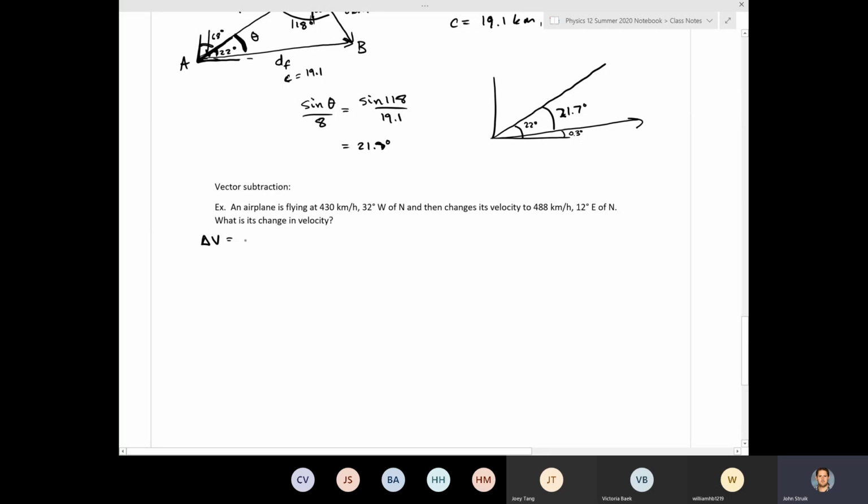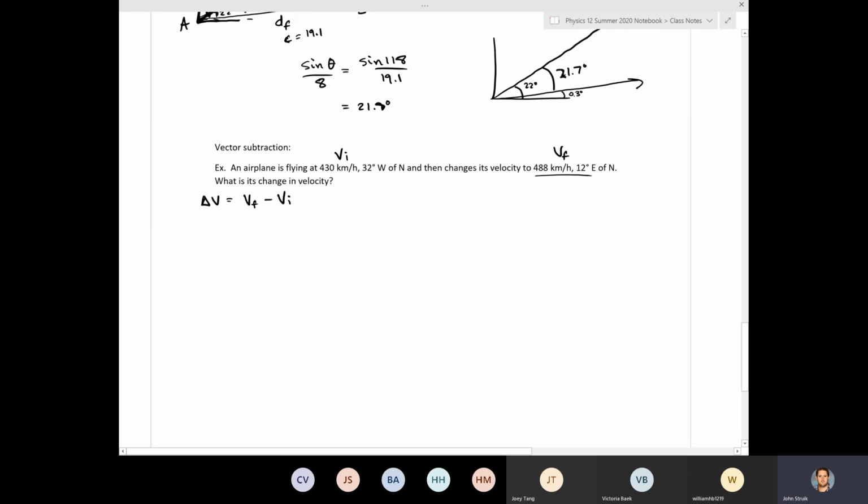So change in velocity is VF minus VI, final velocity minus initial velocity. This is our VI right here, and this is our VF right here. If we're going to do this as a vector subtraction, we need to draw VF first, because it's VF minus VI. So we draw that first, and that's 488, 12 degrees east of north.